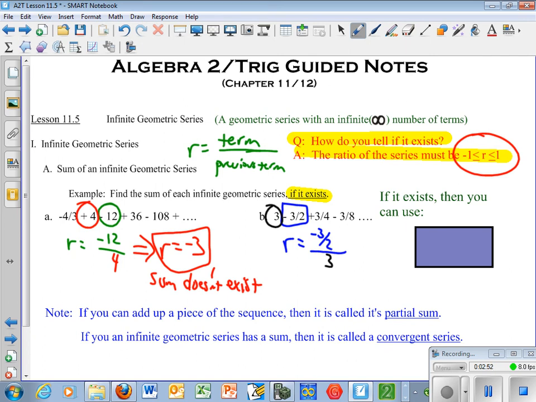Now remember the rule: this is like 3/1. If I'm dividing by a fraction, I multiply by the reciprocal. So I'd get -3/6, which reduces to -1/2. So there is what r is.